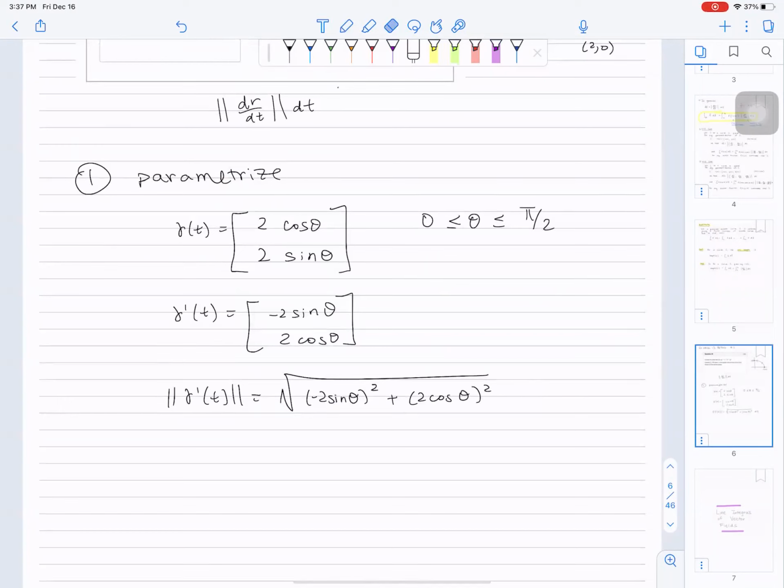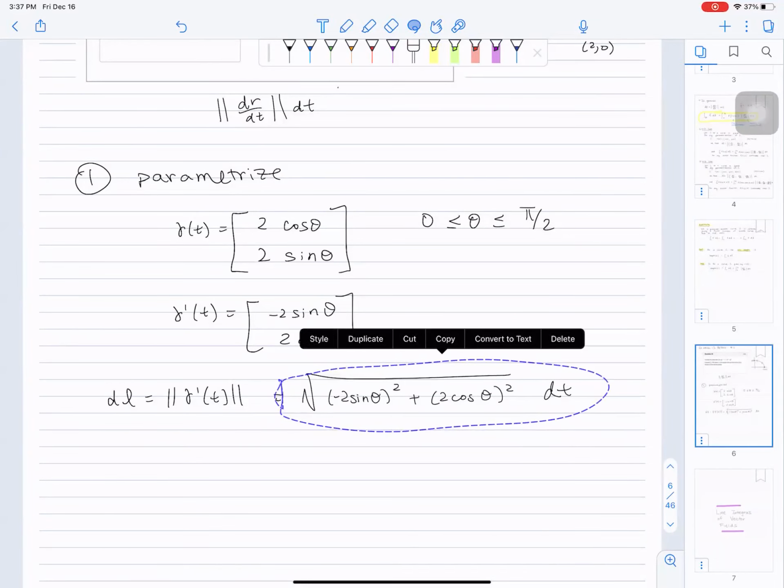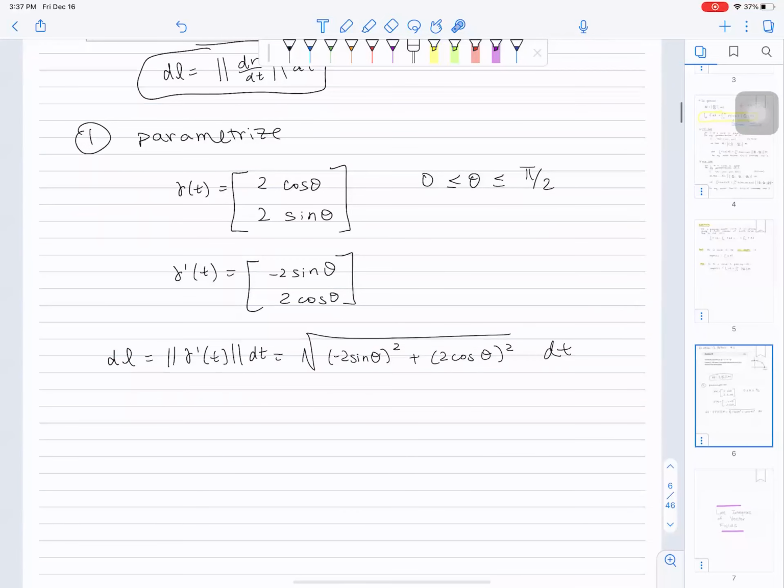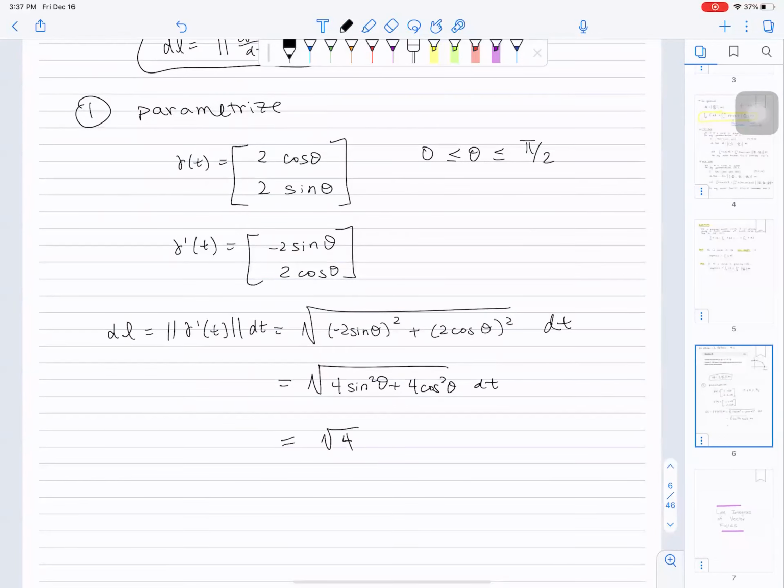I'll write dl equals this times dt. That's the formula I'm following. So dl equals the square root of 4 sine squared theta plus 4 cosine squared theta, dt, which is the square root of 4, because sine squared plus cosine squared is 1, dt. So I get 2 dt.